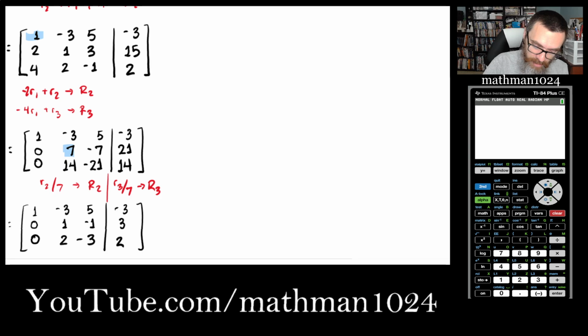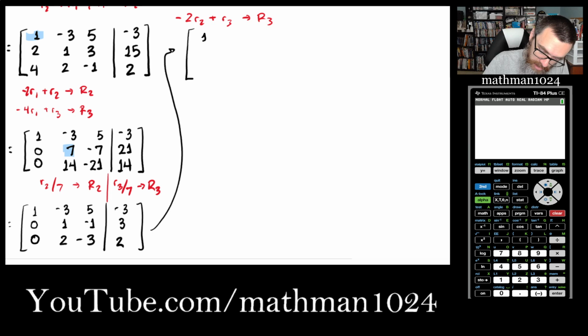All right, so now what I want to do is get a 0 right here. So I'm going to do -2 times row 2, add that to row 3, and replace row 3 by that. Okay, keep on copying.